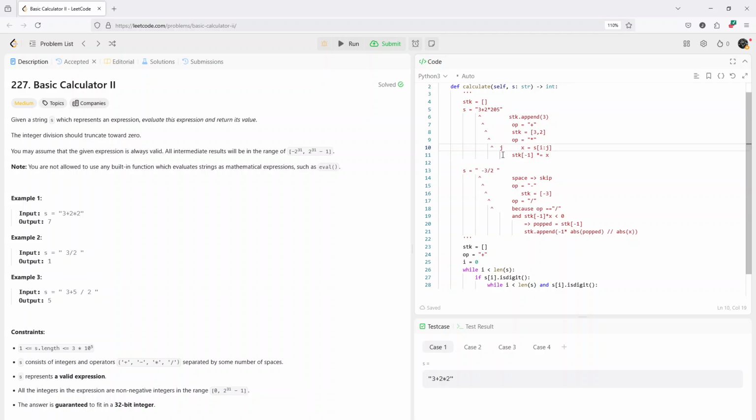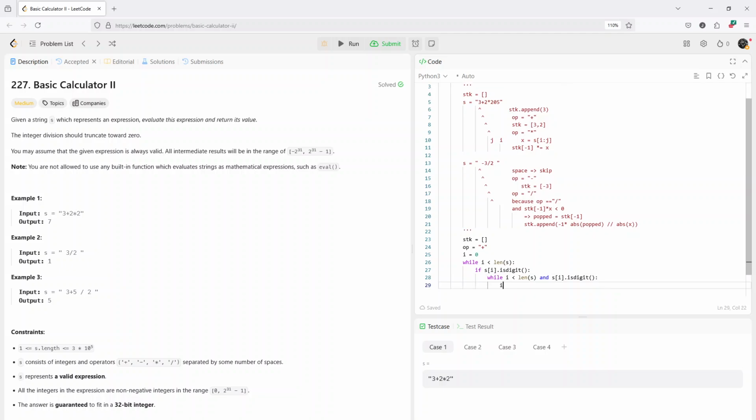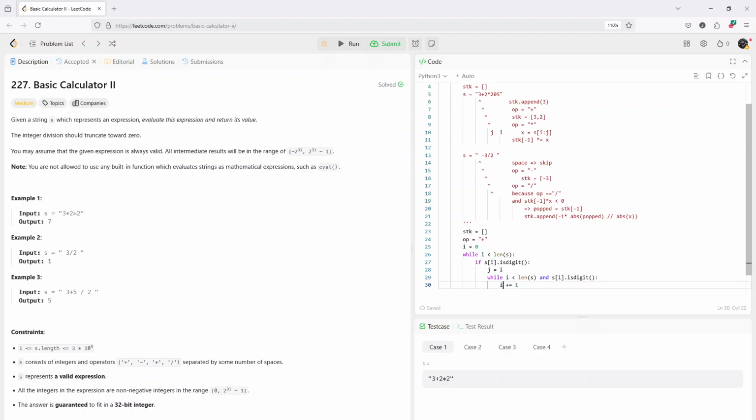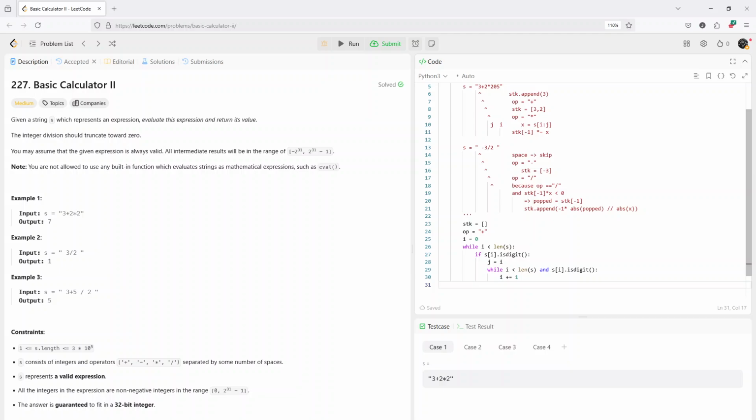So we could say this is the j, and this is the i out here. Then we can do i plus equals 1. And here we can have j equals i. Then after you're iterating through getting all the numbers, x would be int of s from j to i.